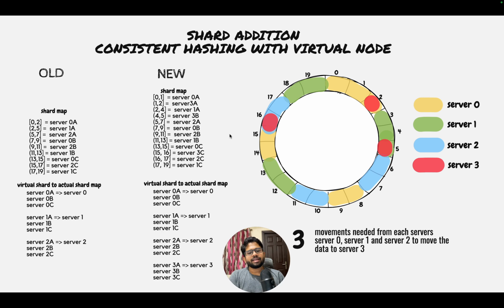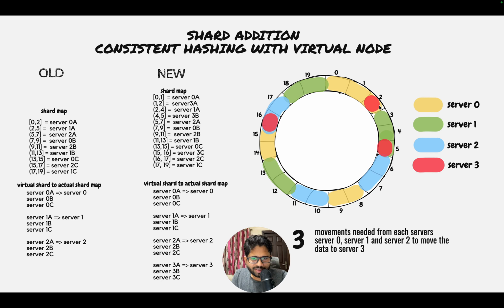Now you say that I want one more server because the load is getting too much. So what I do is that I assign the range of this server 3 randomly in this circle, in a way that it takes up the load of the existing servers equally.